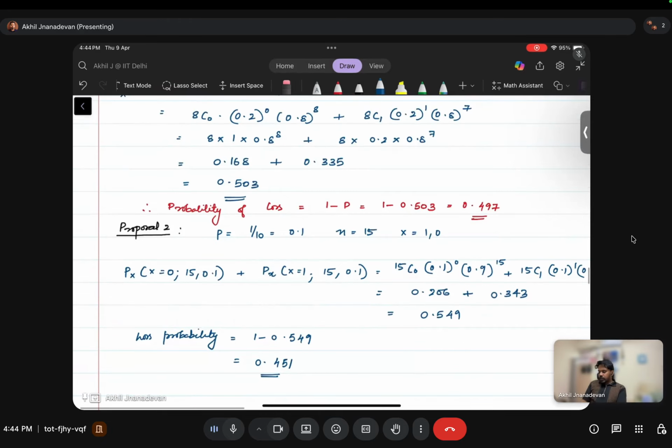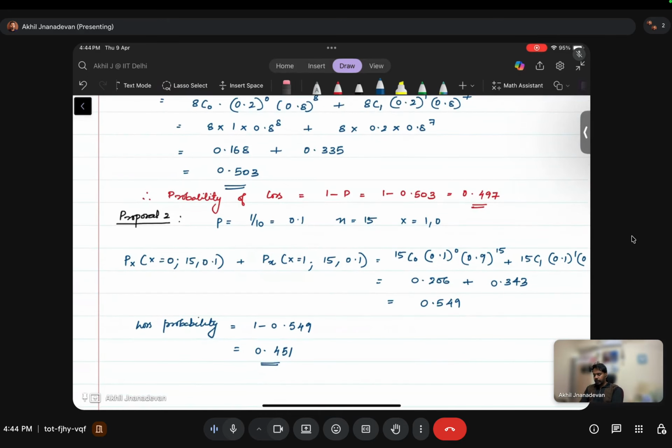So if you compare these two probabilities, 0.497 and 0.451, the loss probability is more for proposal one, right? Proposal 2 is having a lower loss probability. The probability of loss is lower than the first proposal, so the second proposal is more economical, right?